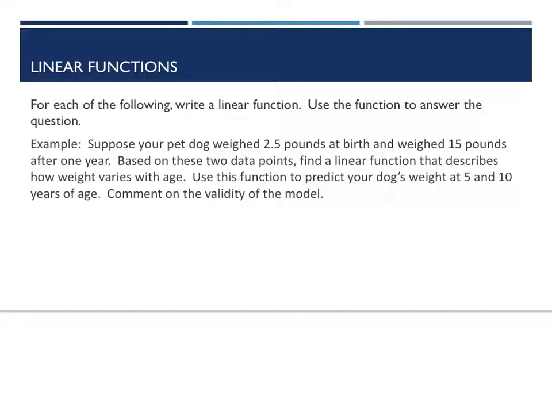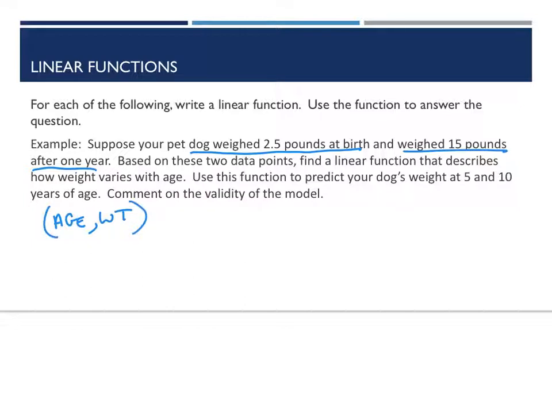So basically we're going to get two pieces of data that are linked. I have a dog that weighed 2.5 pounds at birth, and then it weighed 15 pounds after 1 year. Now I want to eventually be able to predict my dog's weight at a certain age. If I'm wanting to predict weight, weight is the dependent variable, and age would be independent.